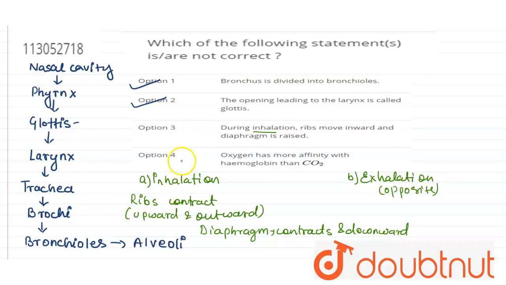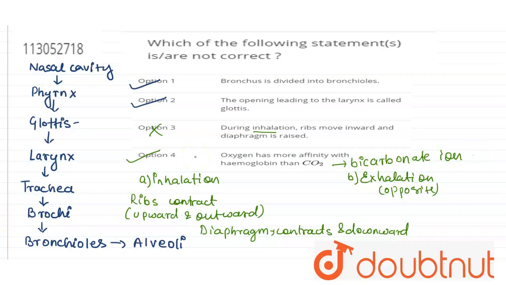So this statement, option number 3, is not correct. And if we talk about option number 4, oxygen has more affinity with hemoglobin than CO2, then this statement is also correct, because hemoglobin attaches with oxygen more than CO2, since most of the CO2 travels in blood through the bicarbonate ion.